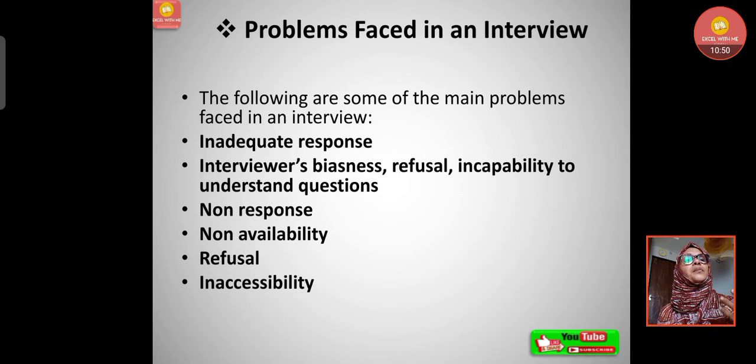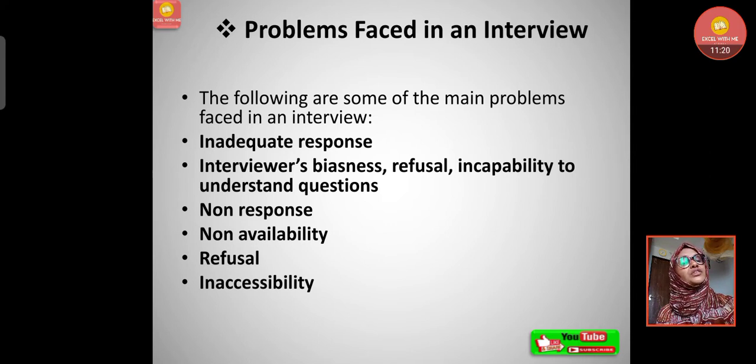Now, what are the problems faced in an interview? The following are some of the main problems faced in an interview. First one, inadequate response. If the respondent is not giving a good response, it's a big problem. Then interviewers' biasness, refusal, incapability to understand questions, that is also very important. If interviewers' biasness is there, then the proper data will not be there.